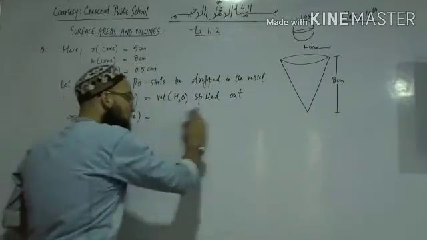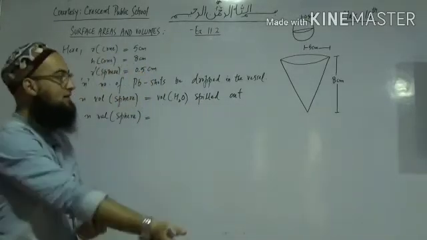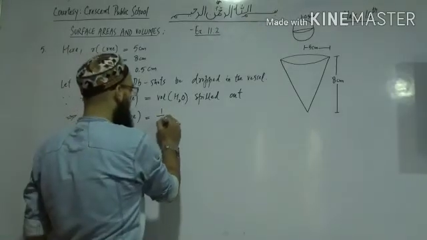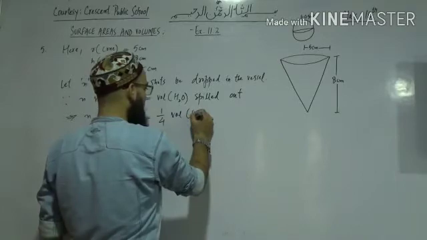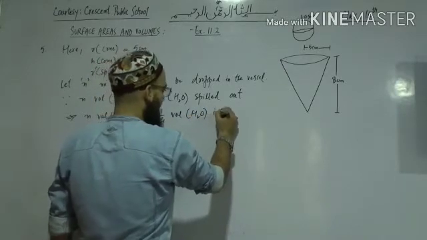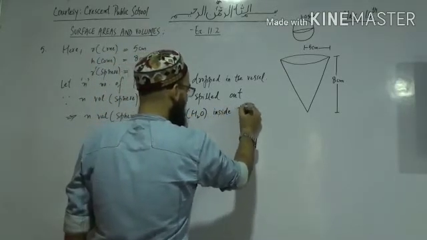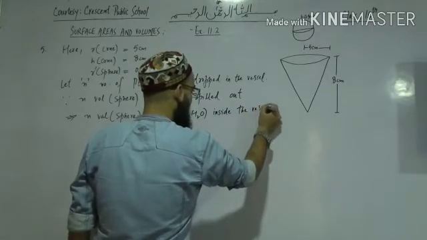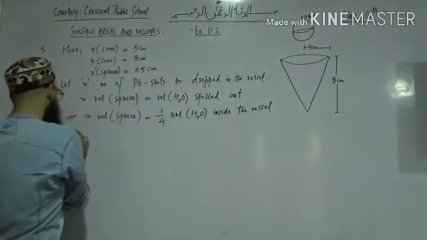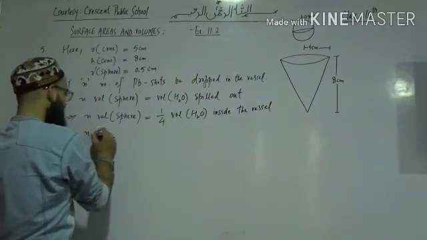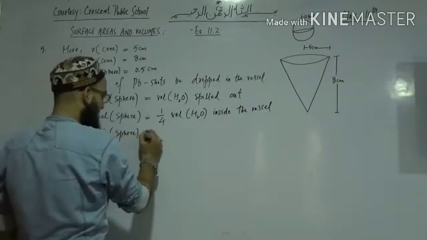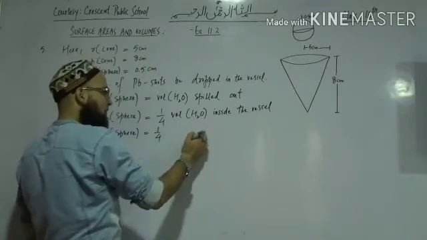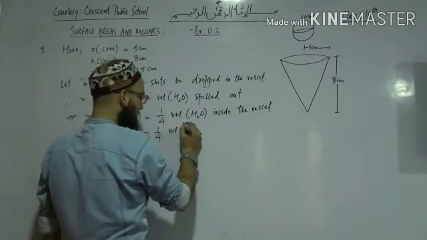Yes. Now how much water is spilled out? That is equal to 1/4 volume of water inside the vessel. Which implies that n times volume of sphere is equal to 1/4 volume of water inside the vessel, which will be equal to volume of cone.